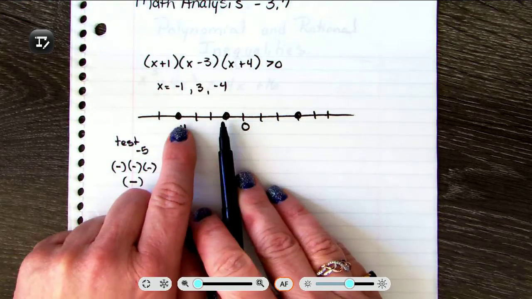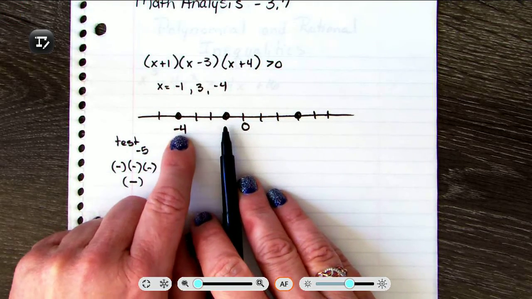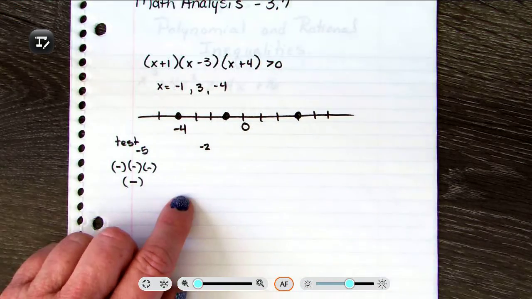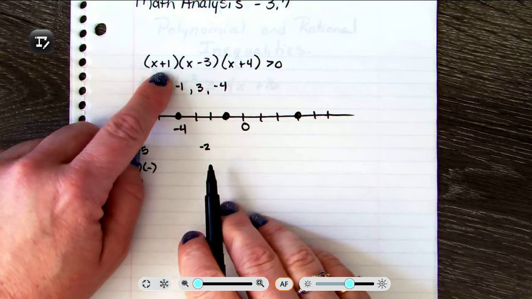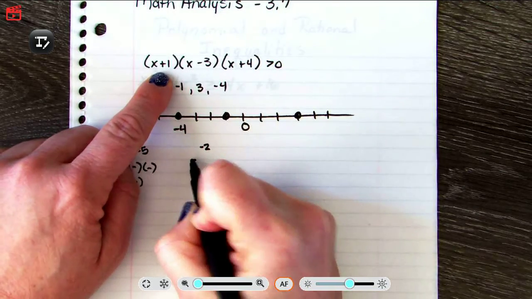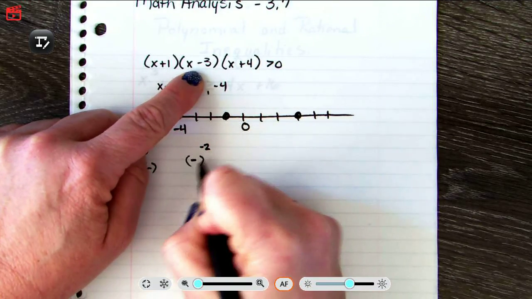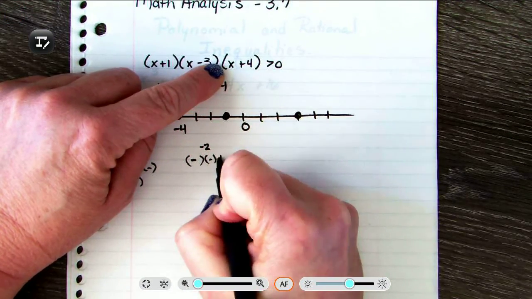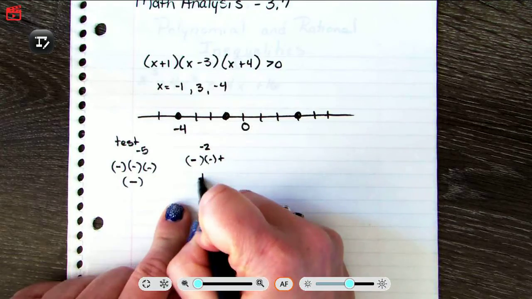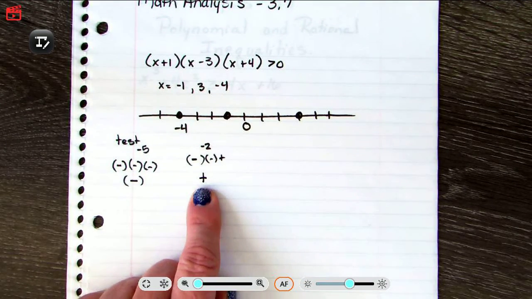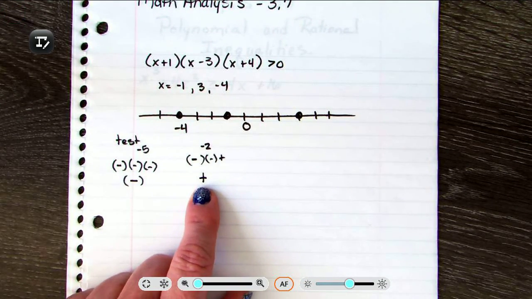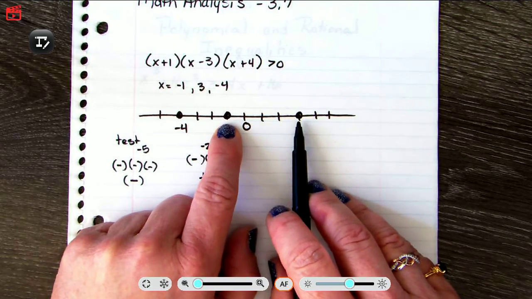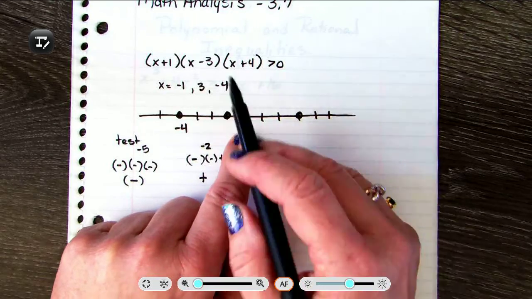I'm going to do the same thing here for a test value between -4 and -1. So maybe -2. Now putting that in here, -2 plus 1 is a negative. -2 minus 3 is a negative. But -2 plus 4 is positive. So this result would be some sort of positive number. I'm going to test somewhere between -1 and 3, maybe 0.